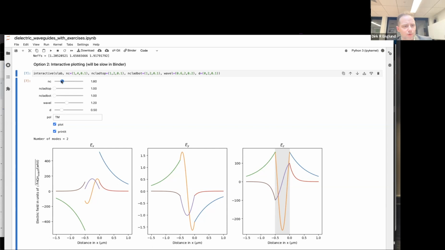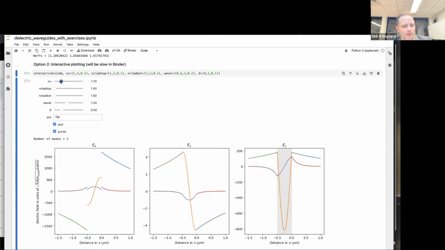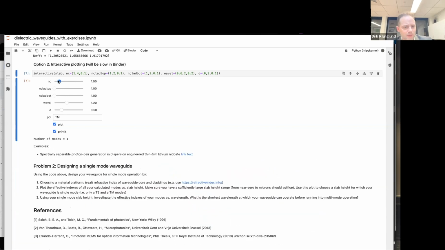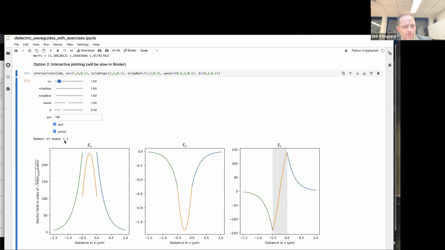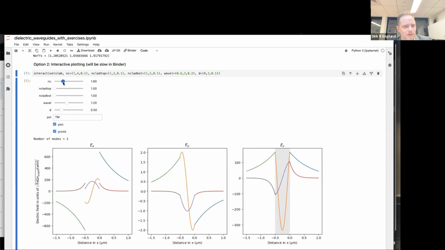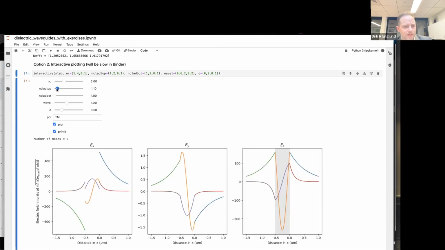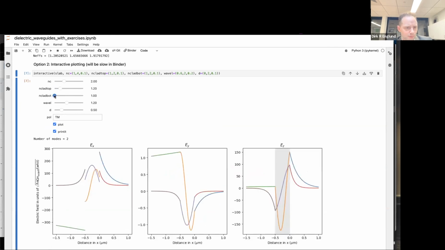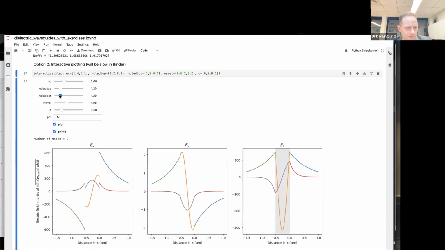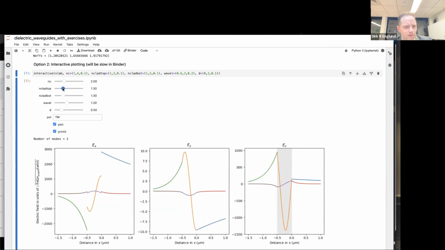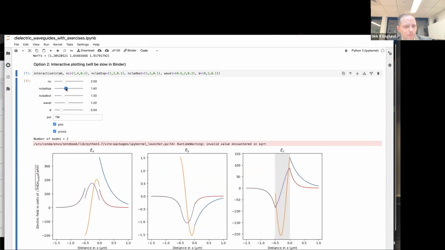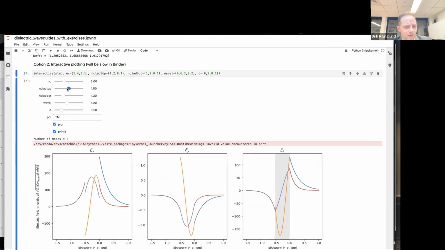I could lower the core refractive index. Okay, so here we see we now have exactly one mode. Now it's single mode. Alternatively, what I could have done is raise the cladding refractive index to make it single mode, presumably. So let's surround the material with silicon dioxide.